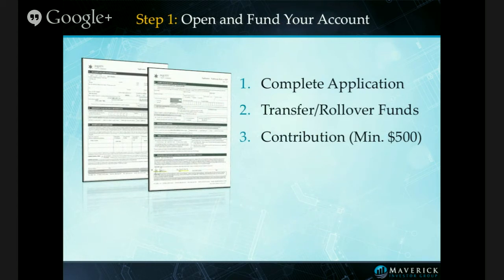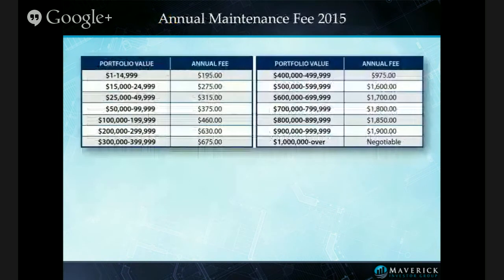But the transfer or rollover process can take 2 to 3 weeks, as that is us requesting funds from your current IRA custodian to move into your Equity Trust account. But once the funds are here and clear, you can invest day one. So conceivably, you could be buying your first real estate property inside your IRA within 21 days.